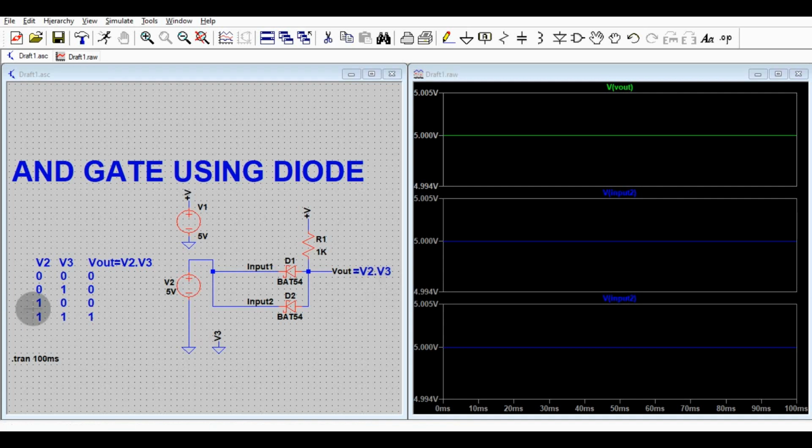The third case is input 2 is high, 5 volt, and input 1 is 0 volt. For that case, your output is also low. And for the fourth case, if both inputs are tied together and connected with the VCC of 5 volt, your output is 5 volt or high.